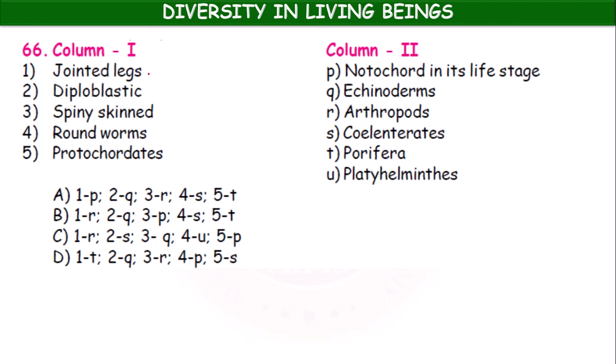Jointed legs, arthropods. Diploblastic, coelenterates are diploblastic. Diploblastic means two germ layers, that is ectoderm and endoderm, outer ectoderm, inner endoderm. Spiny skinned animals, they are echinoderms.